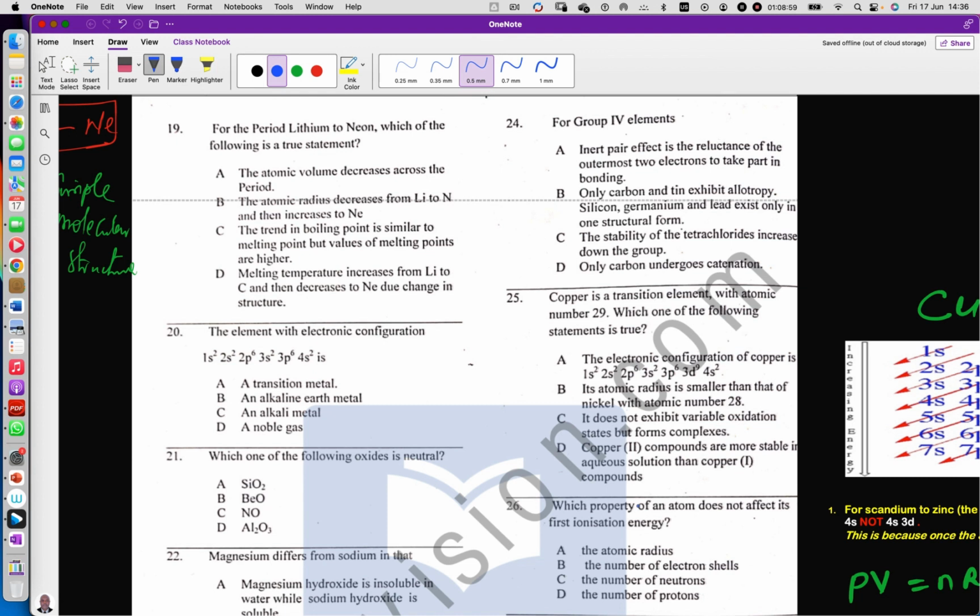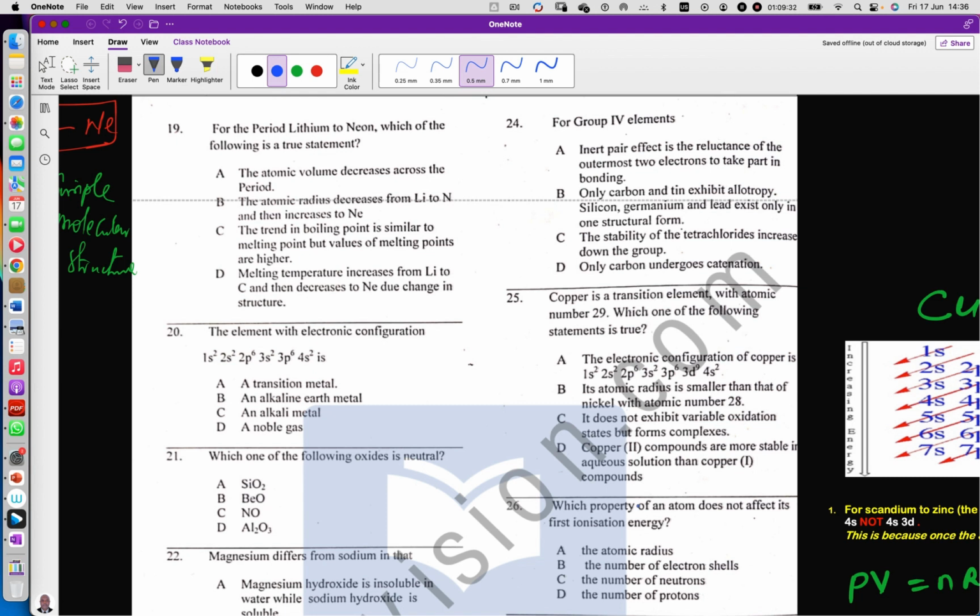I said from lithium to boron, there's giant metallic structure. It is increasing right to group 14, with carbon. Carbon and group 14 elements have giant molecular structures that require high energy to overcome the bonds.